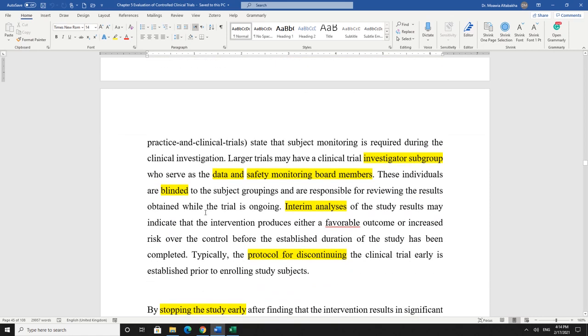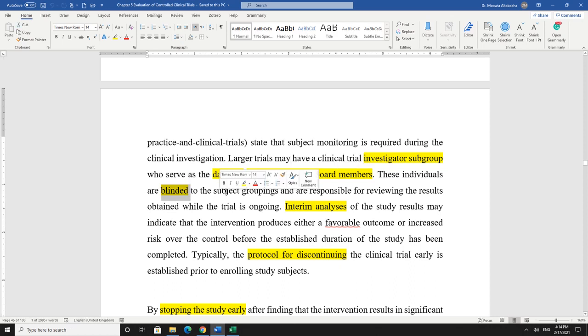Also, you have to take into account that large clinical trials will need what we call a subgroup that looks at the data and monitors the data, okay, and they are blinded.